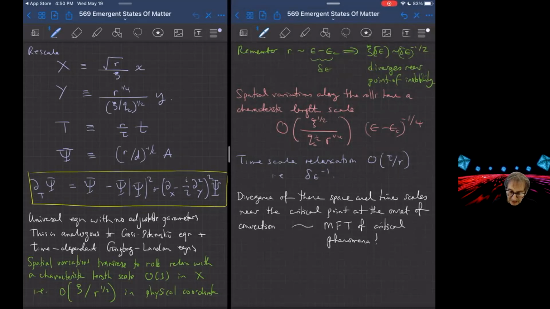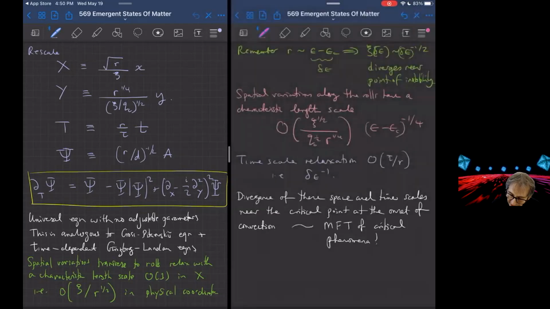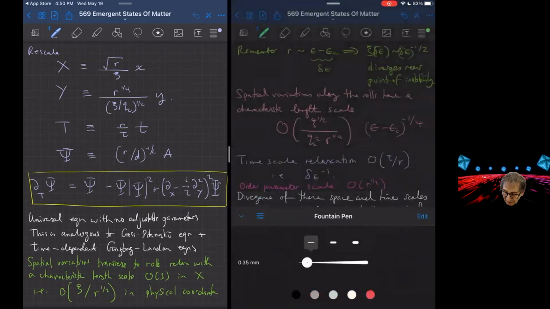And I didn't mention this, but the order parameter scale itself, I forgot to mention this, and I should have put this in. The order parameter scale is again of order r to the 1/2, which is again like a magnetization growing as T minus Tc to the 1/2 below Tc in critical phenomena, at least in mean field theory. Okay, so that shows you the power of this approach.